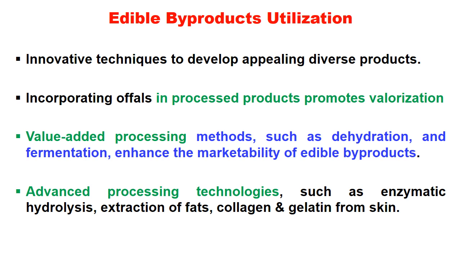And finally, there are some modern advanced processing technologies such as enzymatic hydrolysis, extraction of fats like from skin, or from the skin we can separate the collagen or make collagen hydrolysates, or we can make gelatin from the skin. All these aspects we are going to discuss.